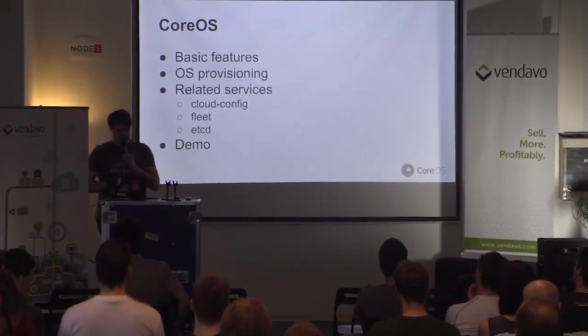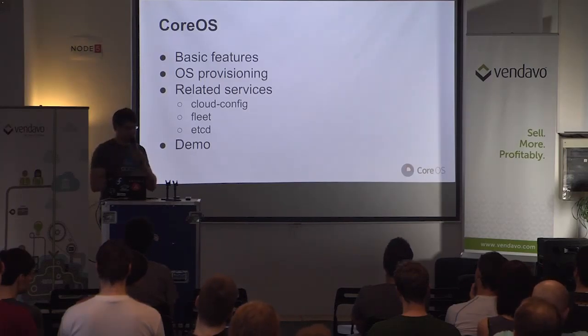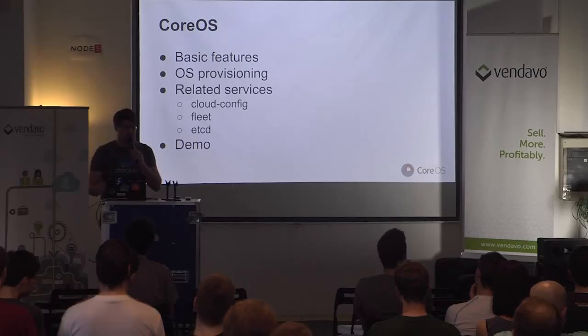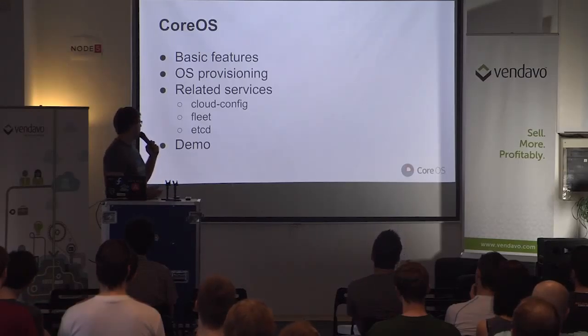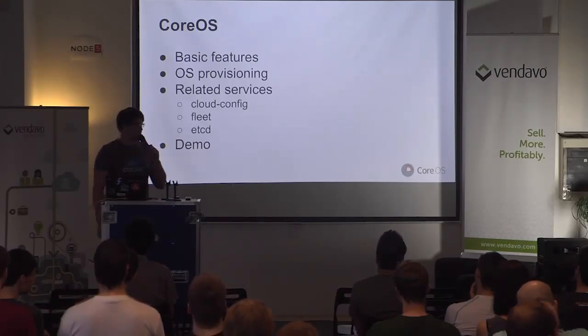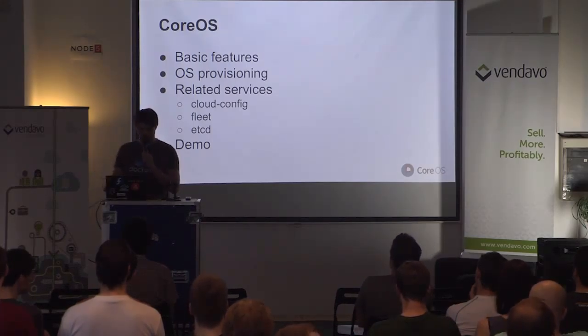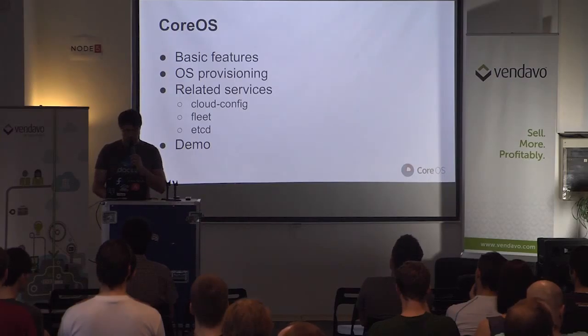I'll also introduce you to some of their services. It's not really all services. They have about 60 different services on their GitHub pages that you can follow and try, but those are the main services. I think they're one of the first. You can use them as separate projects too. If you don't like CoreOS, you can still run Fleet or etcd on your cluster, and I will demo those.